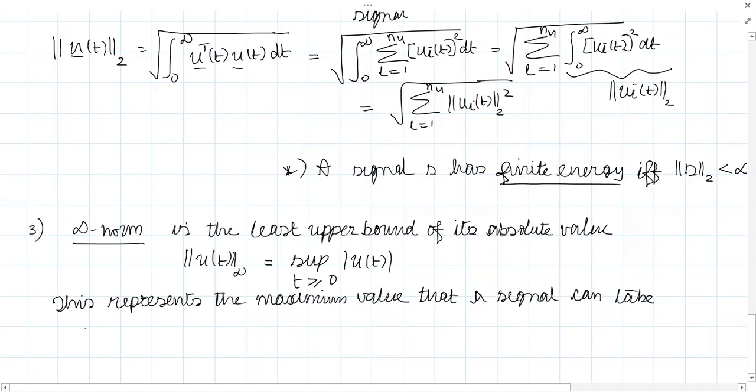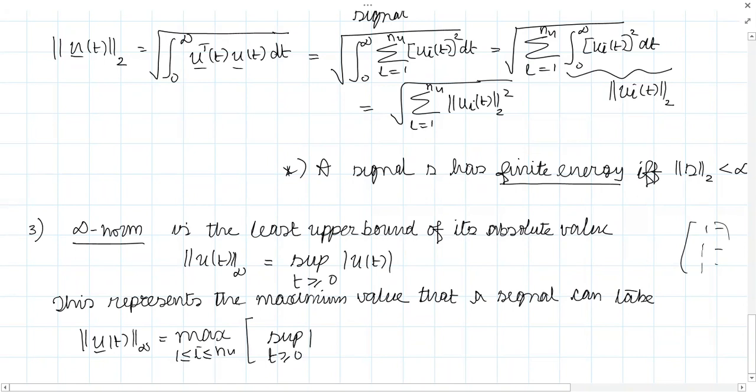So in the case of multidimensional signals, what will be the infinite norm? The infinite norm will be the maximum of this. You have to take the least upper bound for each component, and among those you take the maximum value. So supremum over t greater than or equal to 0 of ui of t.